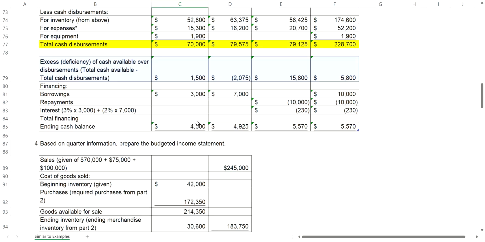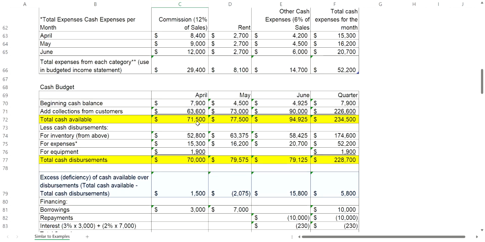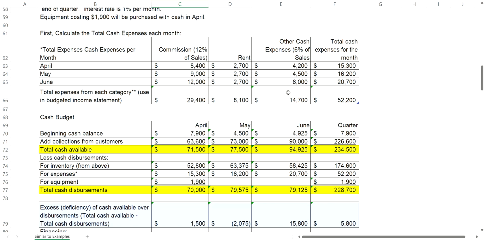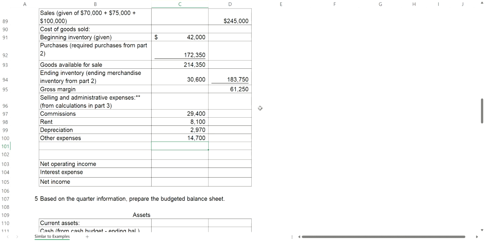And then for the other cash-related expenses, again, go back to part 3. That was $14,700. Okay, the next thing I will do is I will add all of those expenses. Okay, for $55,170. For net operating income, I will take my gross margin, subtract my total expenses.